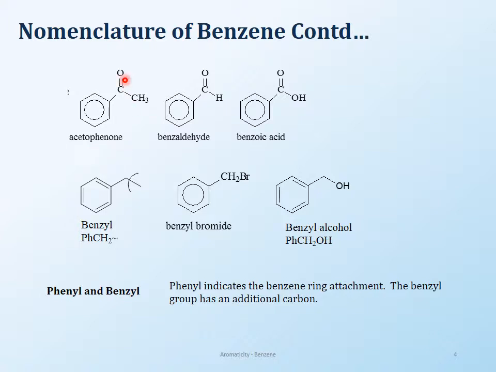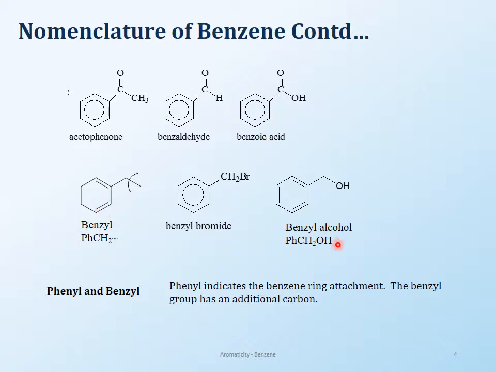Okay, so the acet is coming from this part, and the phen is coming from the benzene ring, and the O is coming from the keto part, all right, for this group. This compound here is called benzaldehyde, and this is when you have the CHO attached to the benzene group. Okay, and so benzaldehyde. This here is benzoic acid, COOH. Okay, so a carboxylic acid attached to benzene is benzoic acid.